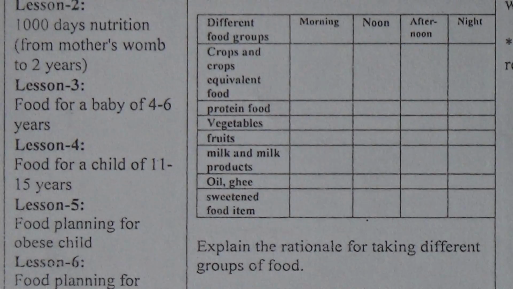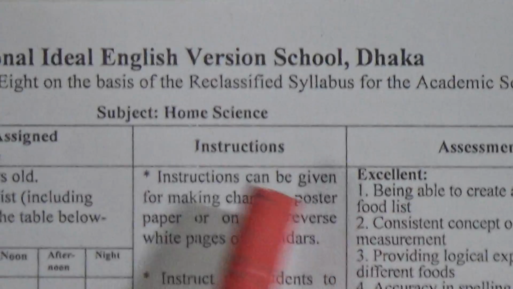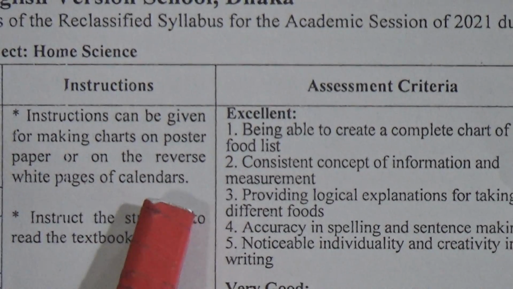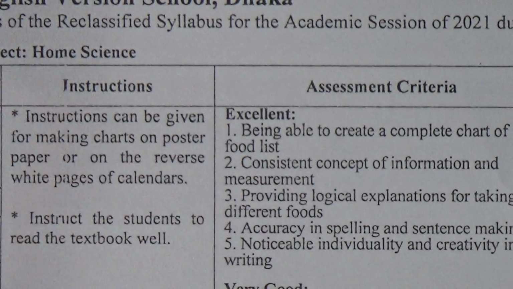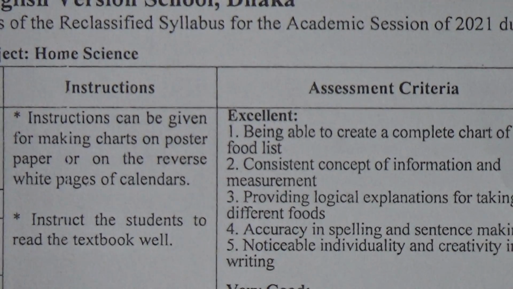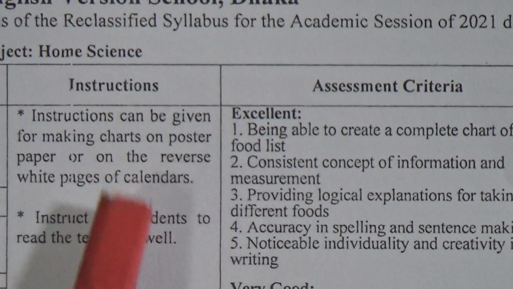Now the main point is you have to prepare your assignment on poster paper or on the reverse white pages of calendars. Students, you can't make your assignment on white page or A4 size page. You have to take help of poster paper, or you can use a calendar.